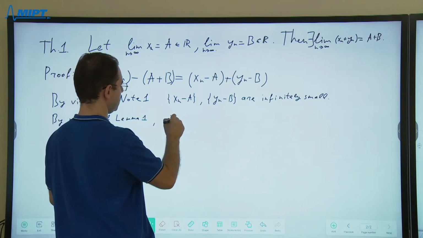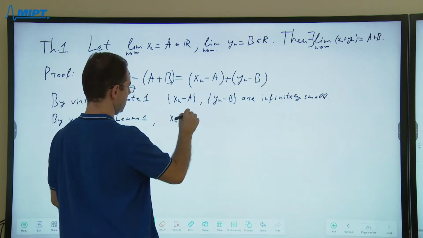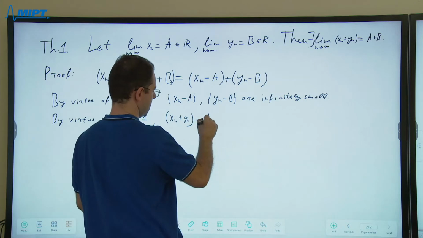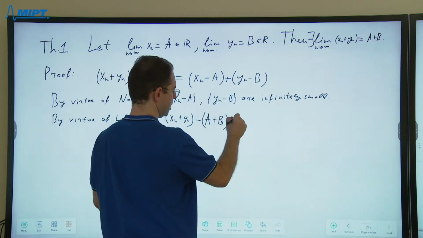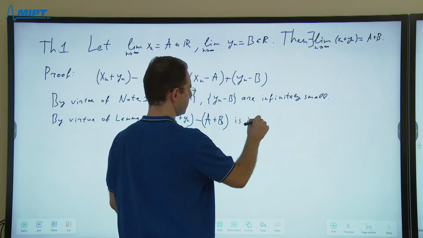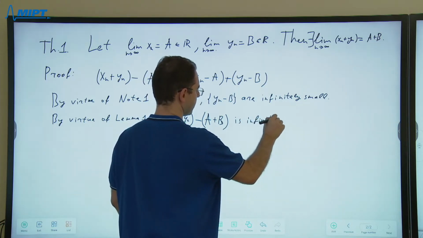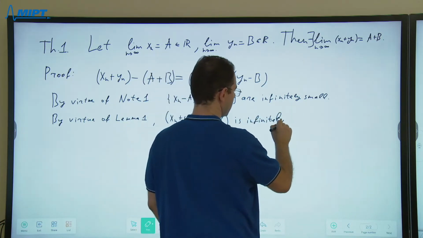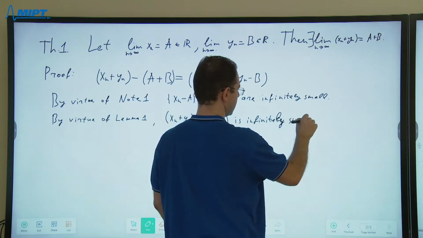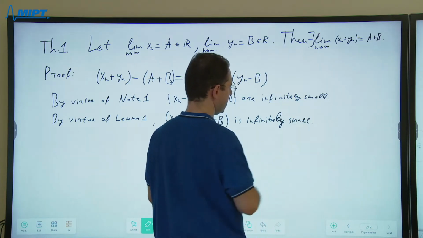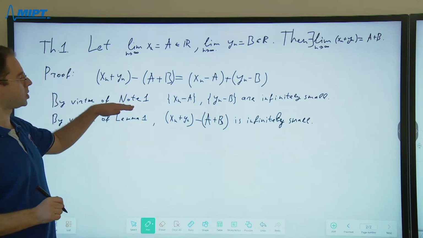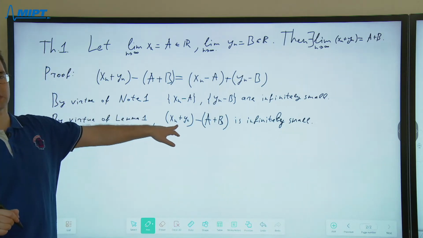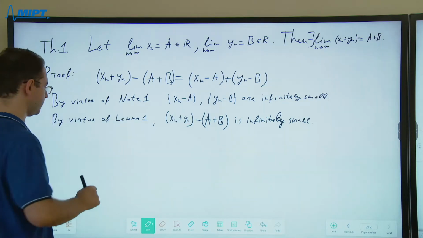The sequence xn plus yn minus a plus b is infinitely small. And once again, by virtue of note 1, this means that this sequence tends to a plus b.